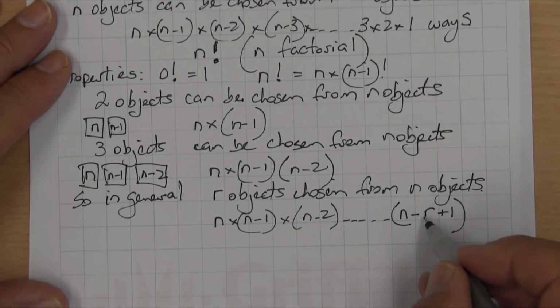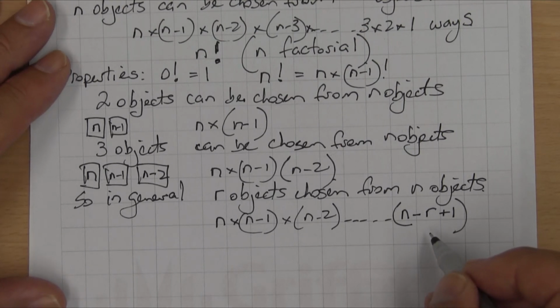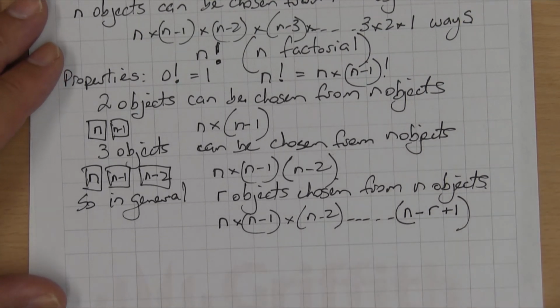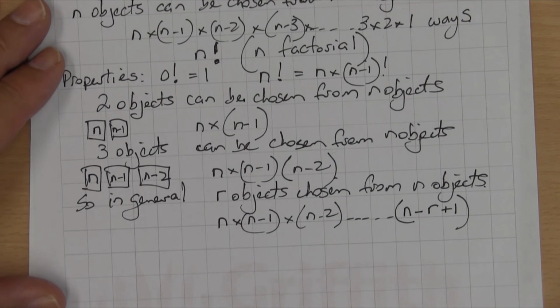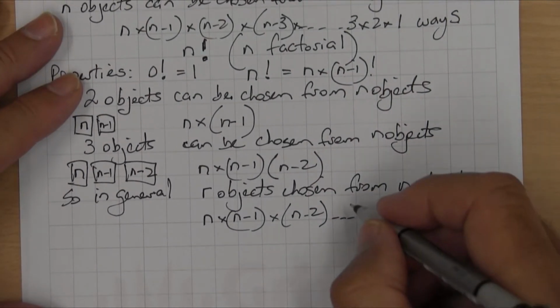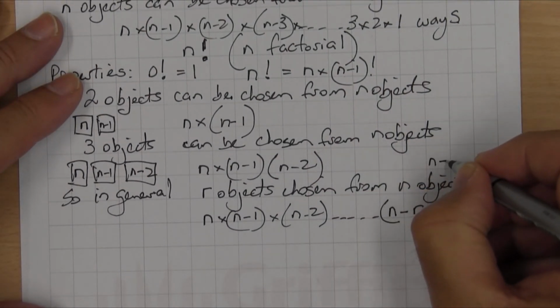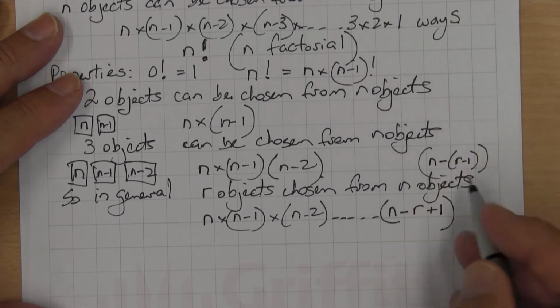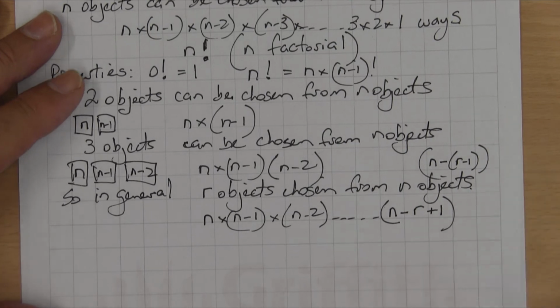Alright, so that will be 1 less than r. Another way to look at it probably is to think of n minus (r minus 1). And when you remove the bracket there, you get n minus r plus 1.